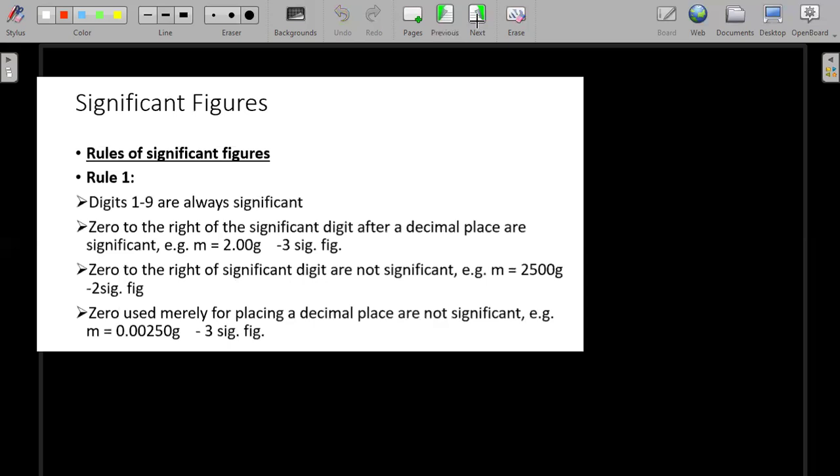Okay, so now we have what we call significant figures. In your own terms, what are significant figures? Anyone to give it a try? What are significant figures?